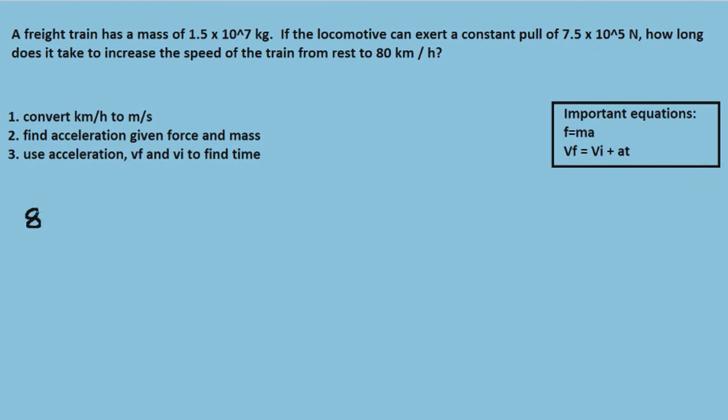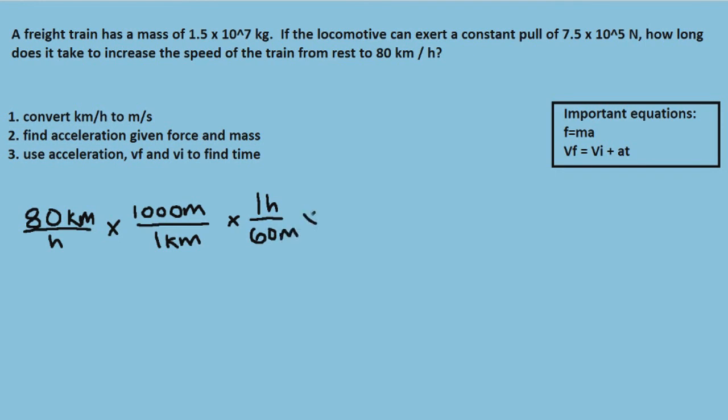So we're going to do some dimensional analysis: 80 kilometers per hour times 1,000 meters and 1 kilometer, times 1 hour divided by 60 minutes, times 1 minute divided by 60 seconds.